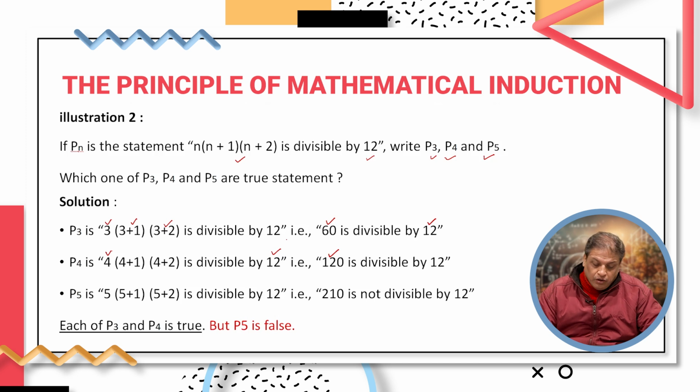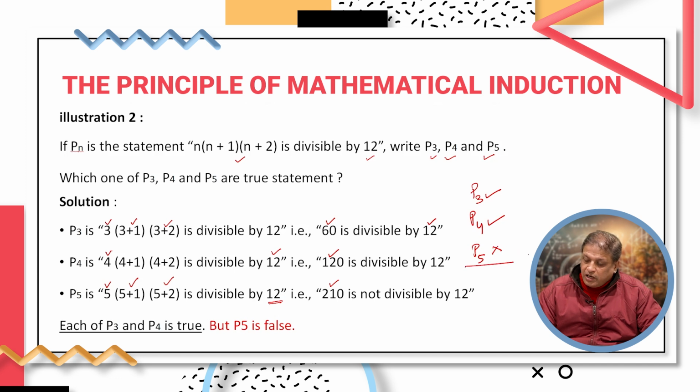But for the statement with the value 5, P5 will be equal to 5 into 5 plus 1 into 5 plus 2. That means the overall result turns out to be 210, which is not divisible by 12. So this illustration helps you understand that the statement is actually true for P3 and true for P4, but it is not true for P5.